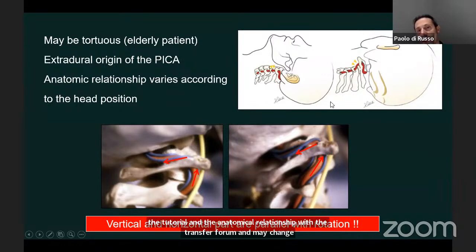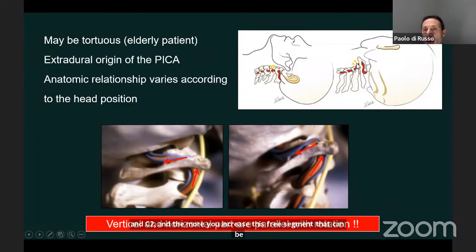The more you rotate the head, the more you expose this segment in between C1 and C2, and the more you increase this free segment that can be injured during surgery. You see the same while you rotate the head: the more you make the C1 anterior lamina disappear.